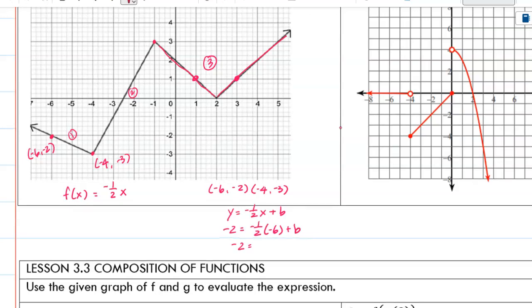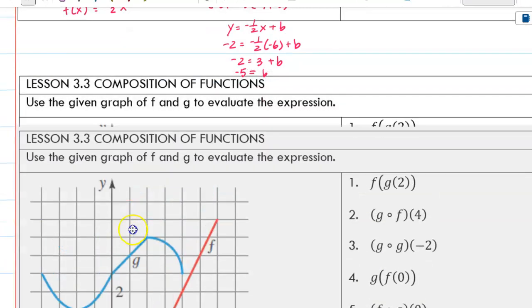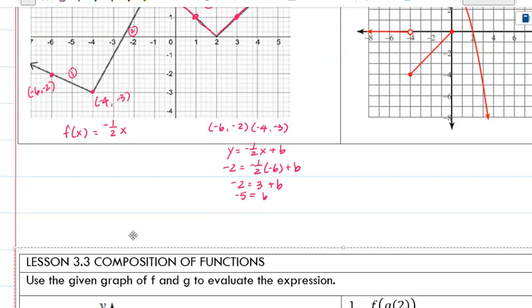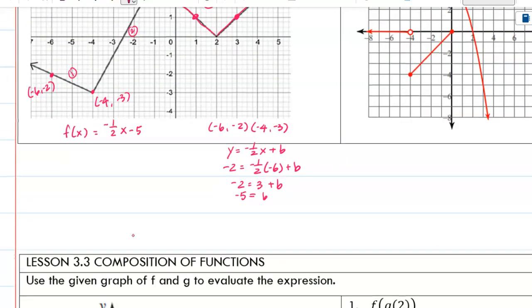So -2 equals +3 plus b. So b is going to be -5. Move that down. -5. And the inputs that I can put in is less than or equal to -4.